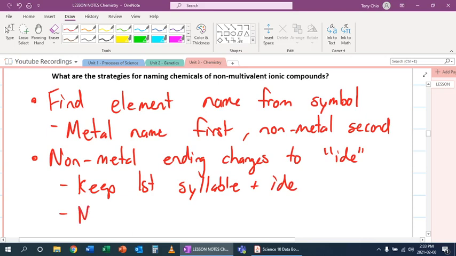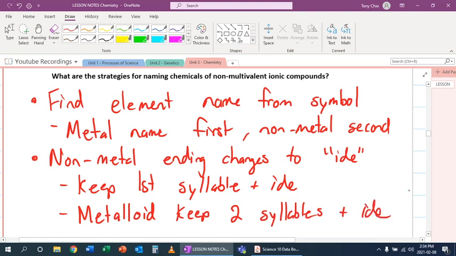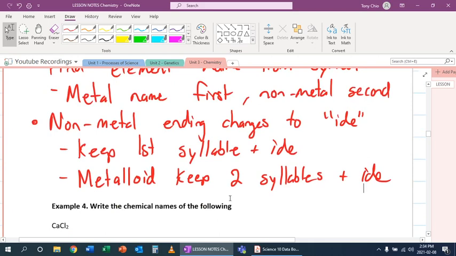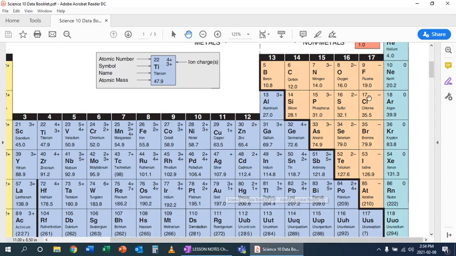For metalloids, or the semimetals, the ones that hug the staircase, you keep 2 syllables plus "ide." So I'll show you that example with our periodic table. For example, oxygen, a nonmetal, oxide. Chlorine, chloride. Fluorine, fluoride. Bromide.